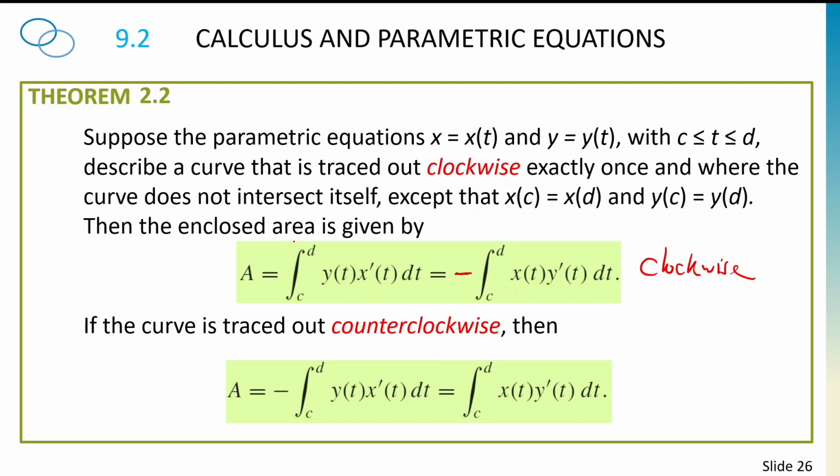If I'm using y x prime and I get a positive value, I know it's clockwise. If I'm using y x prime and I have a negative value, I know it's anti-clockwise. So just from the rule you can check. Don't worry about the negative, use the absolute value.